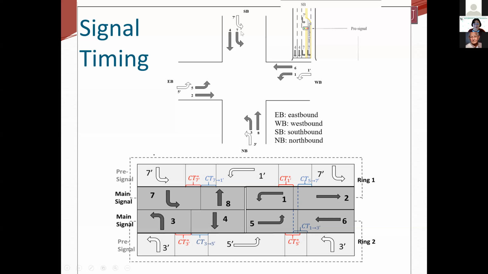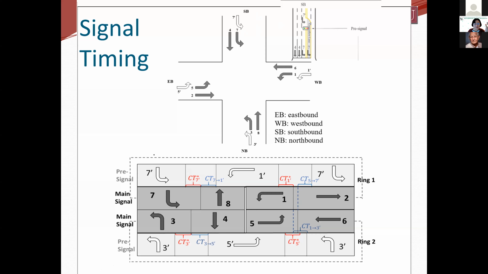That's why the through phase has to be after the left-turn phase, not before it. Otherwise, both the through lane and the contraflow lane would be used by conflicting traffic movements. So that's why we have to use the lead left-turn phase with this new design. This is one of the basic requirements.